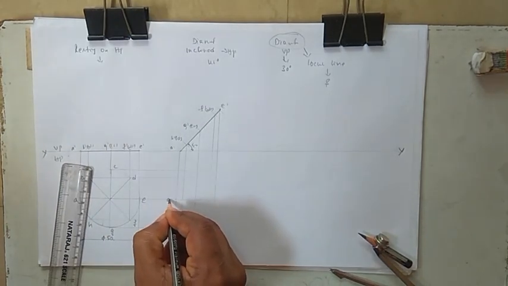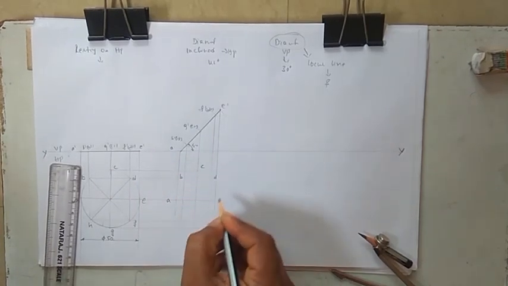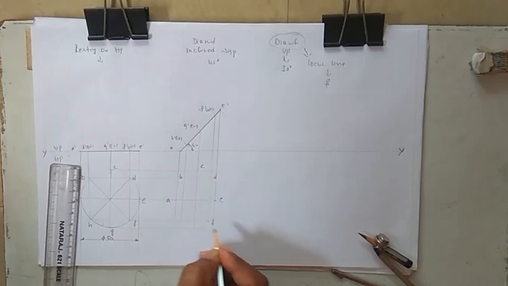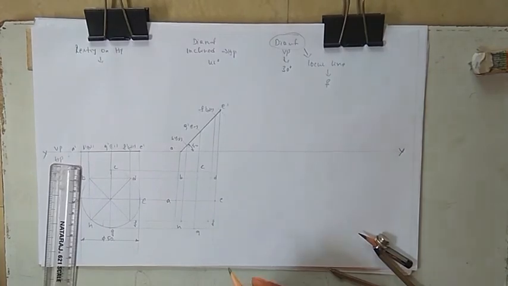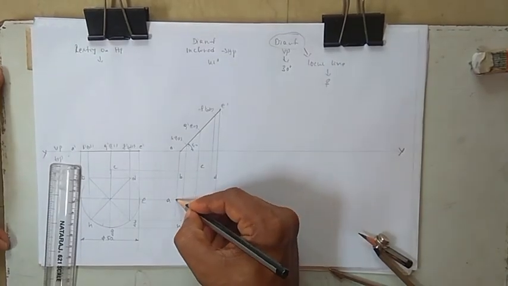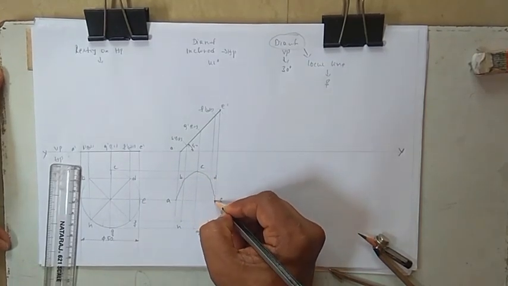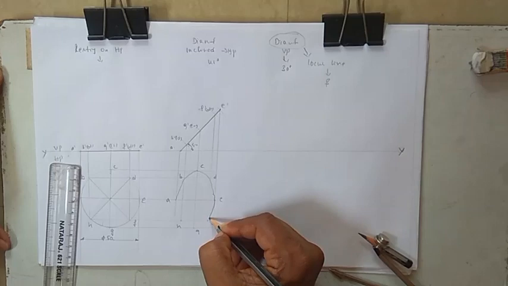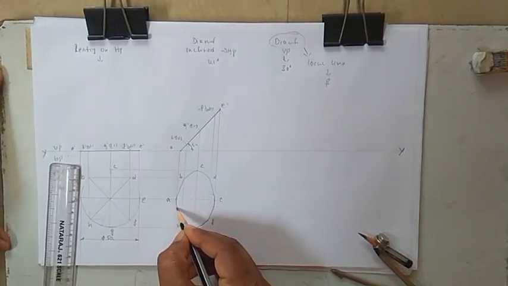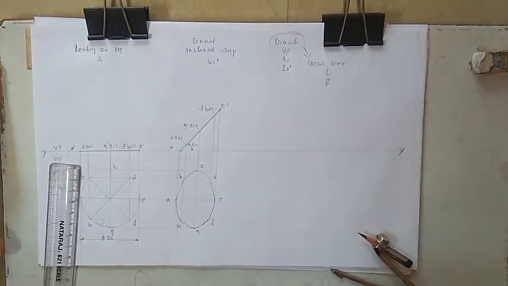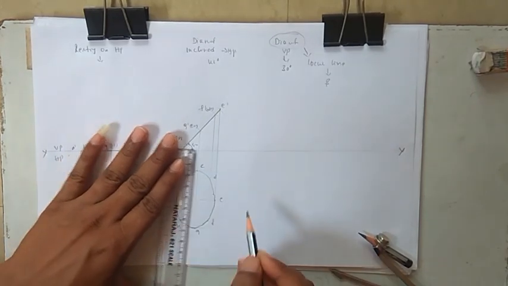So this is A, B, C, D, E, F, G and H. Now we need to draw the curve freehand, joining like this. Make sure it passes through all the intersection points.